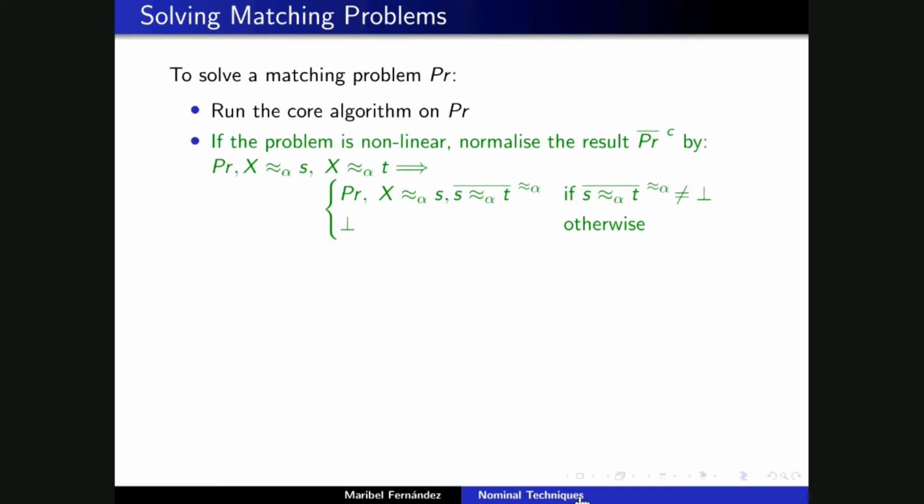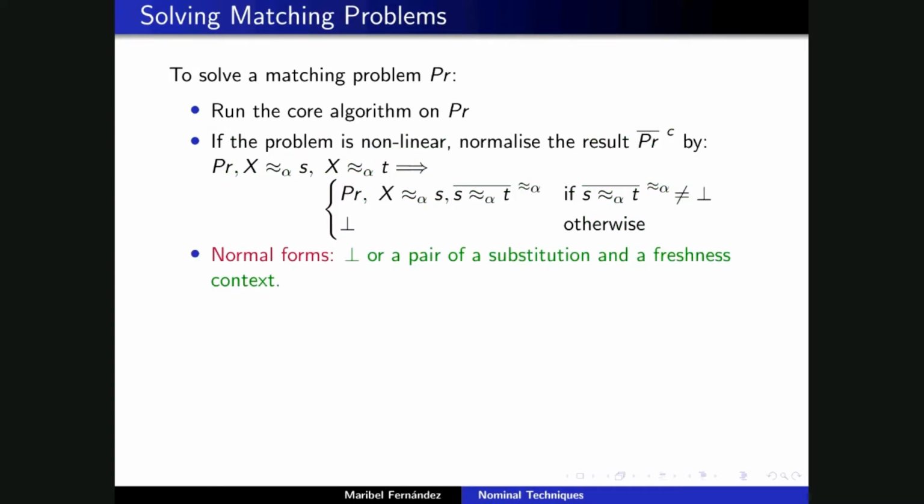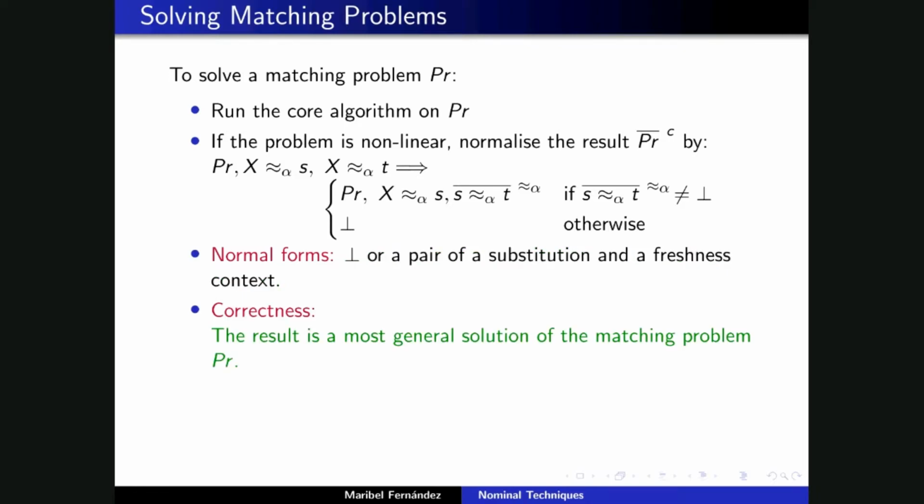So after that, either it's a failure or we can now put a substitution, and it will be a substitution at that point because we can't have several occurrences of x. They are eliminated here, and a freshness context. So we can prove that the solutions are preserved.